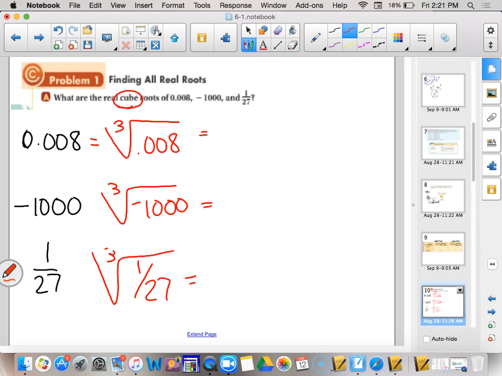Now, obviously, these can be done in a calculator. So the cube root of 0.008. How do I get to the cube root in my calculator?